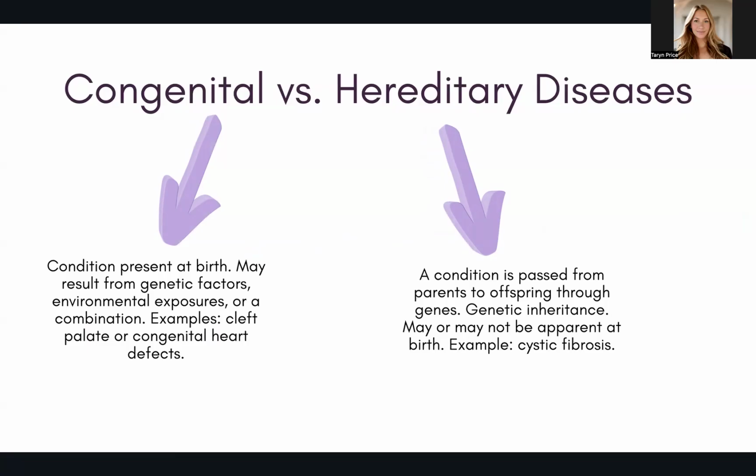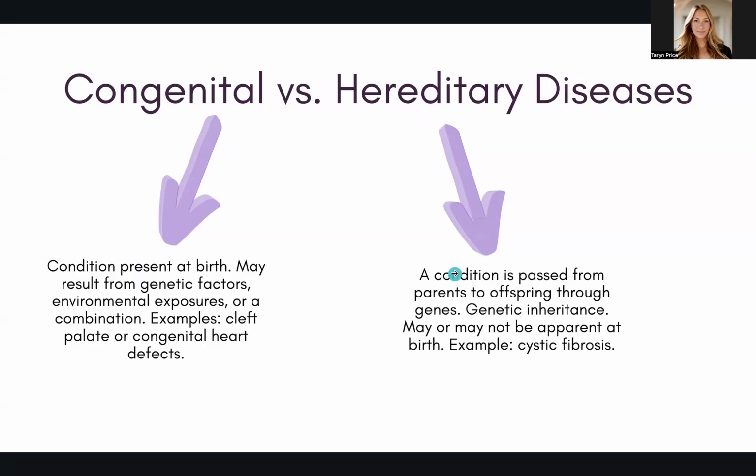All right, back to those terms we were talking about. I mentioned congenital versus hereditary, and I wanted to separate those out in our minds real quickly. So, congenital is a condition present at birth, but it could result from genetic factors or environmental exposures or even a combination. But an example of this might be cleft palate or a congenital heart defect. So, it's present at birth.